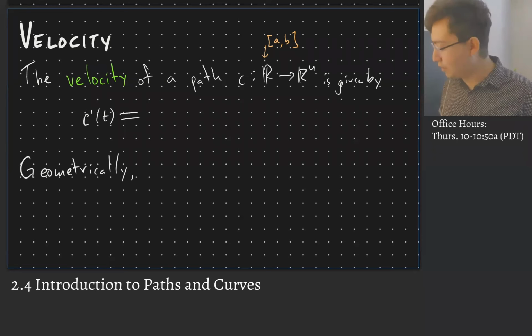So here, this notation c prime is the same as the notation you'd use in single variable calculus for just the derivative. And it's going to be given in this case by something we've seen before.